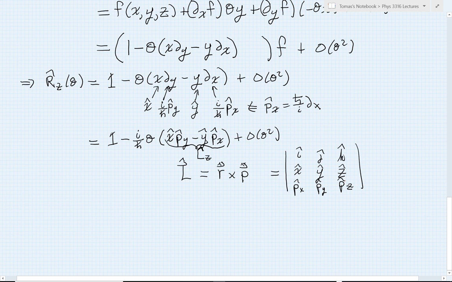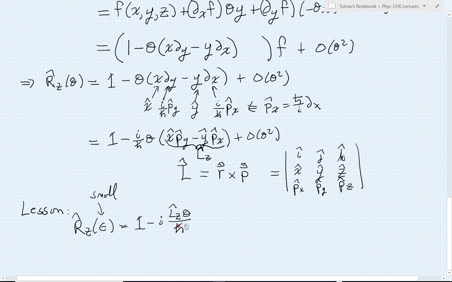So the bottom line lesson here, and this is critically important for us, is that if I want to create, or what we call generate, a small rotation for a small angle, let me actually call my angle epsilon now to indicate that this is small. Rotations by small angles around the z-axis are generated by this interesting combination: i, the z component of the angular momentum operator, times the angle divided by h bar.